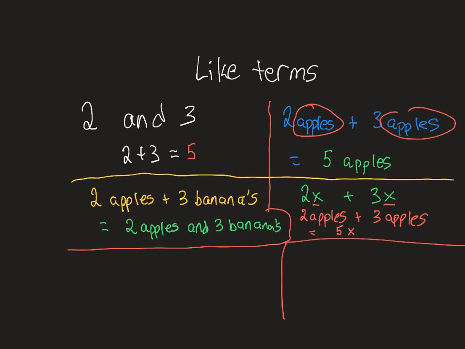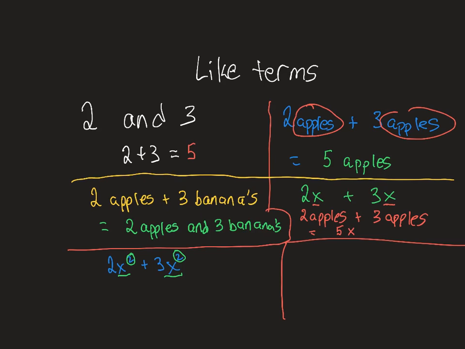Let's go further here. What if I were now to say 2x squared plus 3x squared? Well, once again, we have x squared. There's a reason why I'm circling the exponents, because the exponents are both the same.